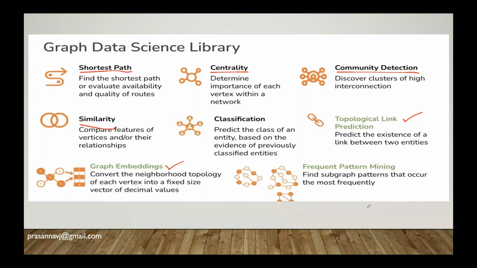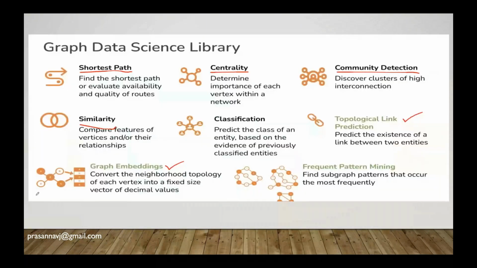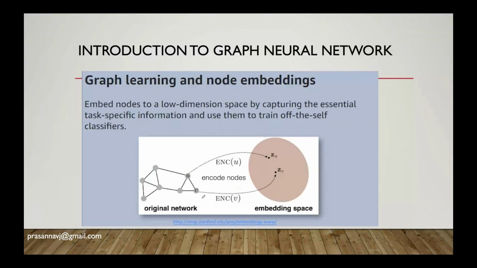Now, let me introduce how the graph neural network works. We talked about graph embedding in the previous slide. So effectively, how does this graph embedding work? From the original network, that is your graph network, you create something called an embedding space, which is a lower-dimension space where you represent the individual vertices and also the relationship details as encoded details.